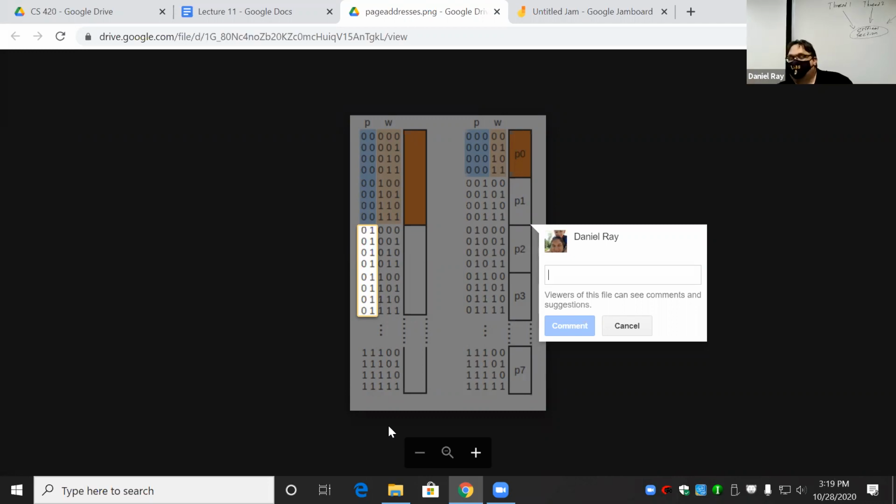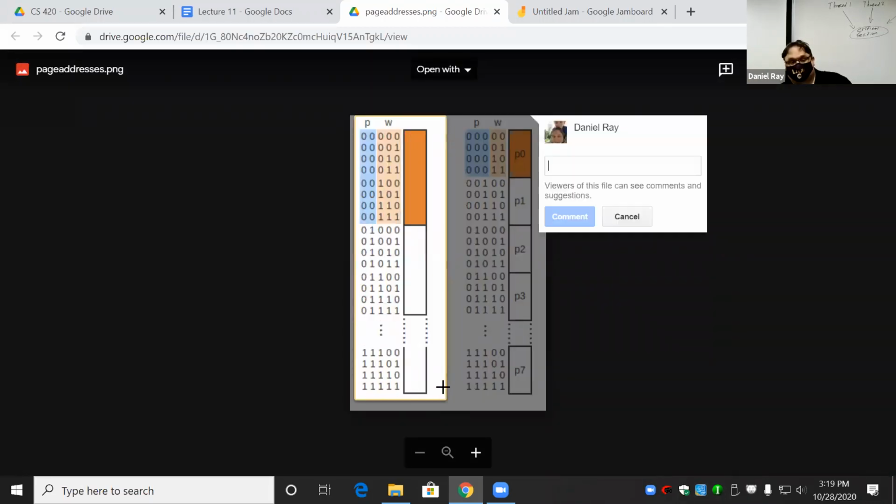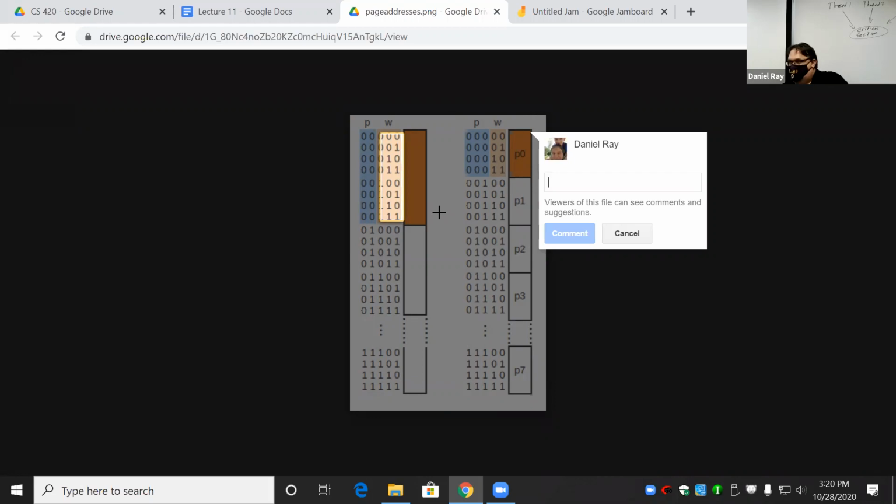So how many pages did we divide this up into? Well, we used 2 bits to represent page numbers. How many numbers can I get out of 2 bits? 00, 01, 10, and 11. So that's 4 total pages. 4 pages, and each page is 8 words long. So that's a total of all 32 words of memory. Does that make sense?